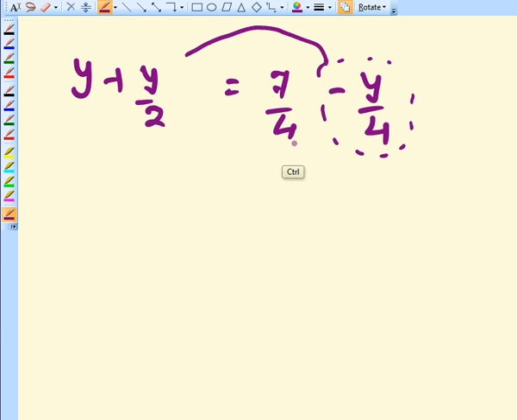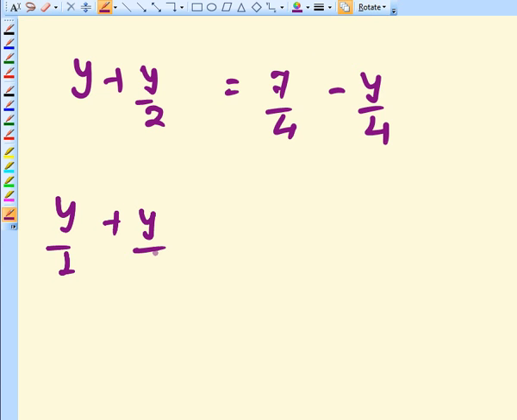So on transposing you have to write y can be written as y by 1 plus this will be y by 2. Now transposing this y by 4 with negative sign, so plus y by 4. On transposing minus y by 4 to the left hand side we have to write plus y by 4 equals to 7 by 4.